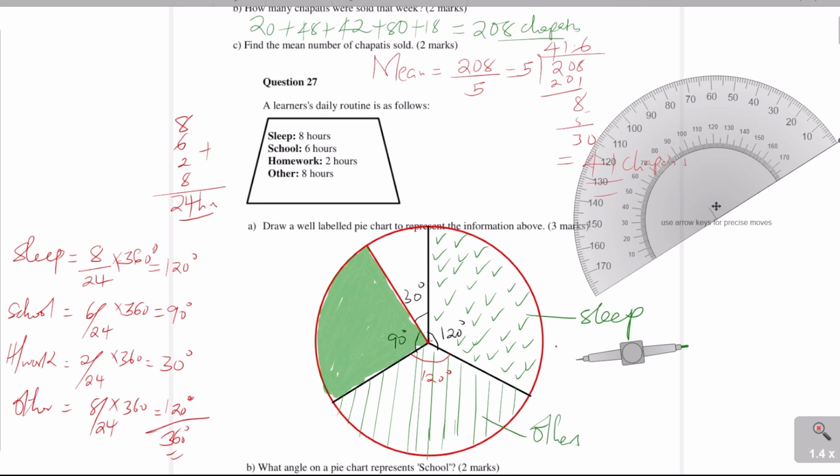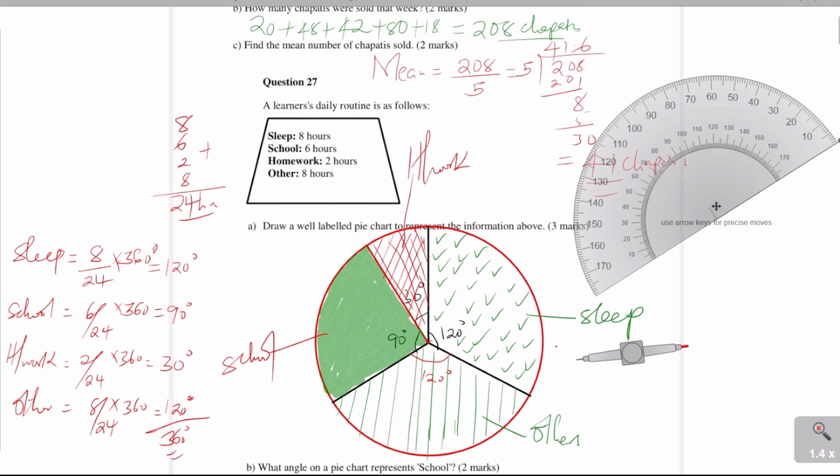So that is for school. And then for the last one is for homework. So this one is for homework. For homework, you can shade it like that.